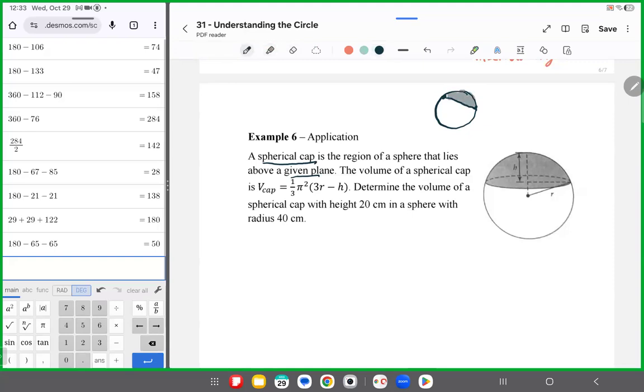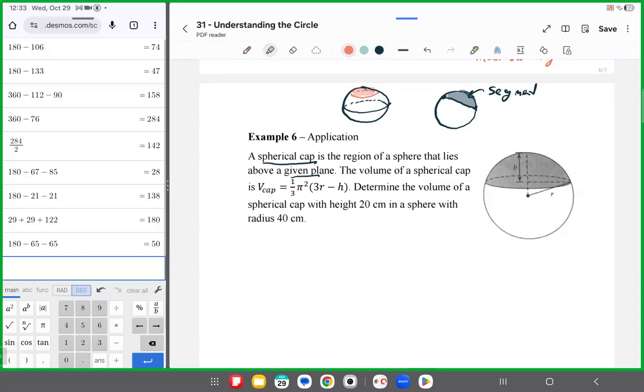A spherical cap is the 3-dimensional version of this. I'm trying to sketch this out, but I don't think it's going to go well. All right. Actually, that turned out okay. So the spherical cap is the 3-dimensional version of the segment.